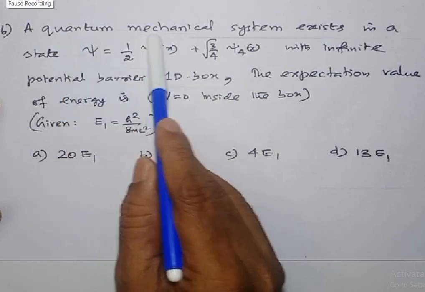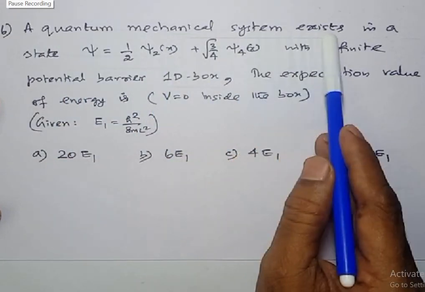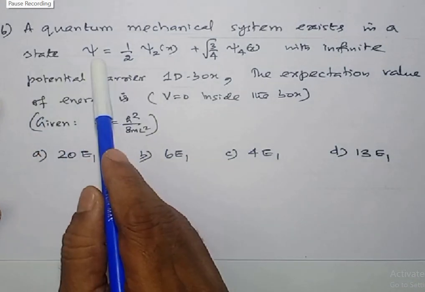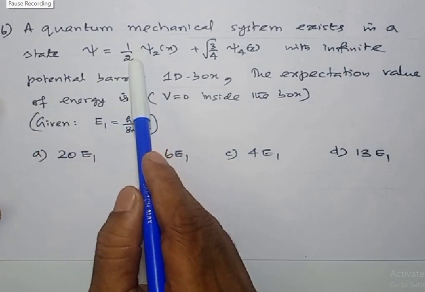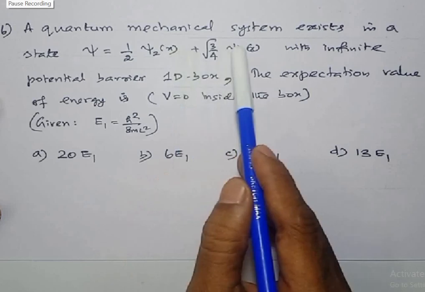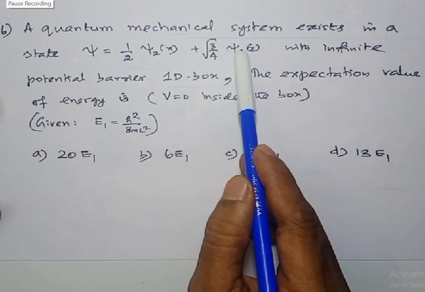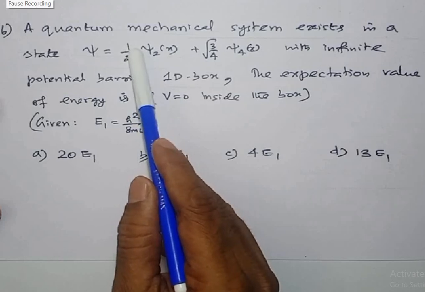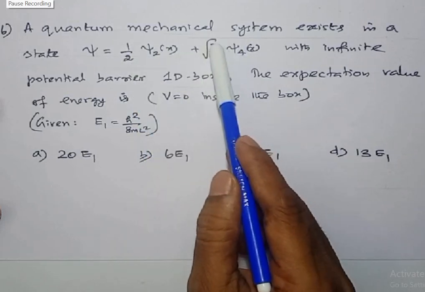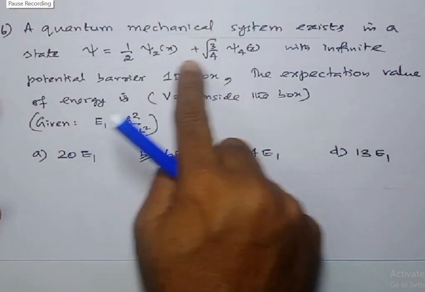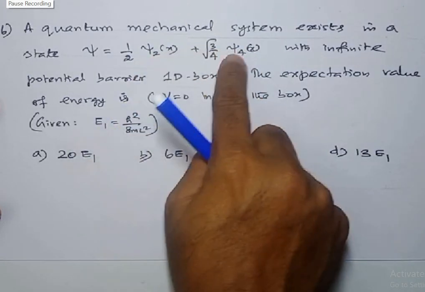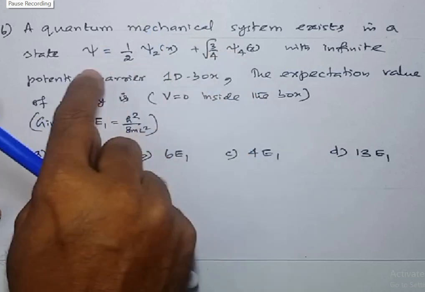A quantum mechanical system exists in a state psi equal to 1 by 2 psi 2 of x plus root 3 by 4 psi 4 of x. Here 1 by 2 is a coefficient and root 3 by 4 is another coefficient. So a linear combination of two functions, psi 2 of x and psi 4 of x, is taken as psi.